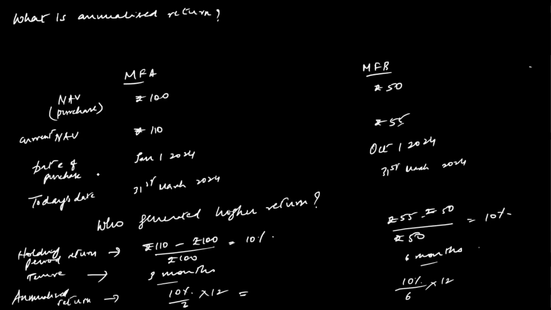So upon calculation, we get 0.1, that is 10% into 12 by 3. That is 40% here. And here it would be 20%. So my investment is better.